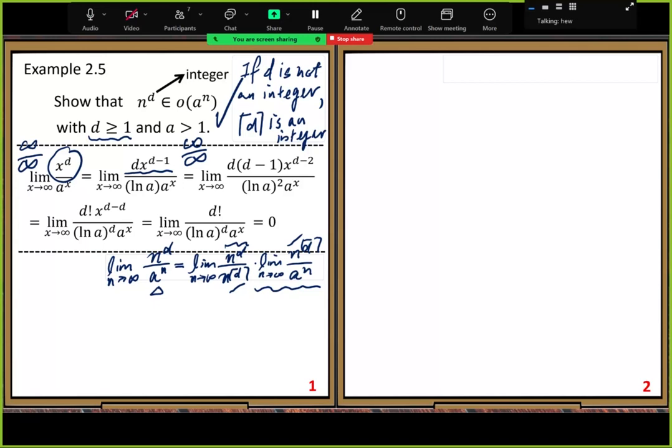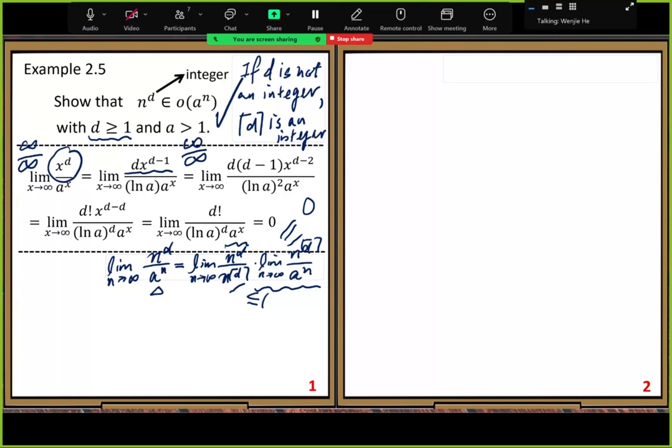After the split, in the second limit the exponent is an integer. So we can use our older result. The second limit equals 0, right? The first limit is less than or equal to 1, right? Because when d and d ceiling function are the same, they are equal.